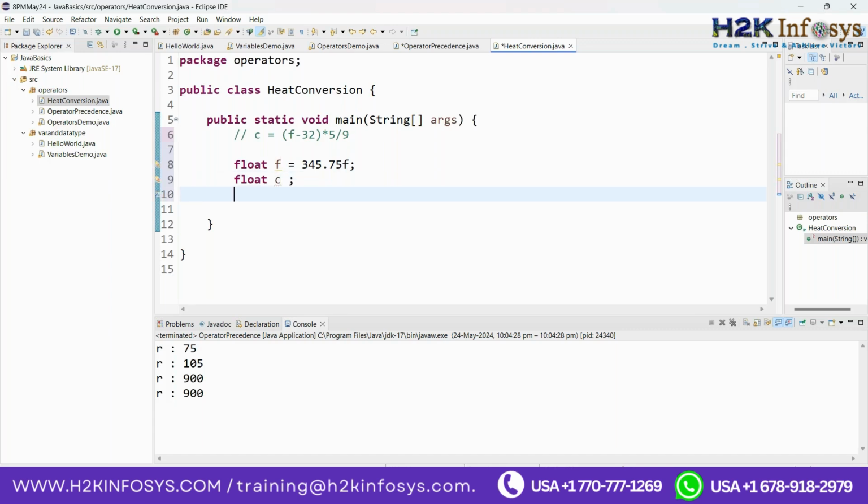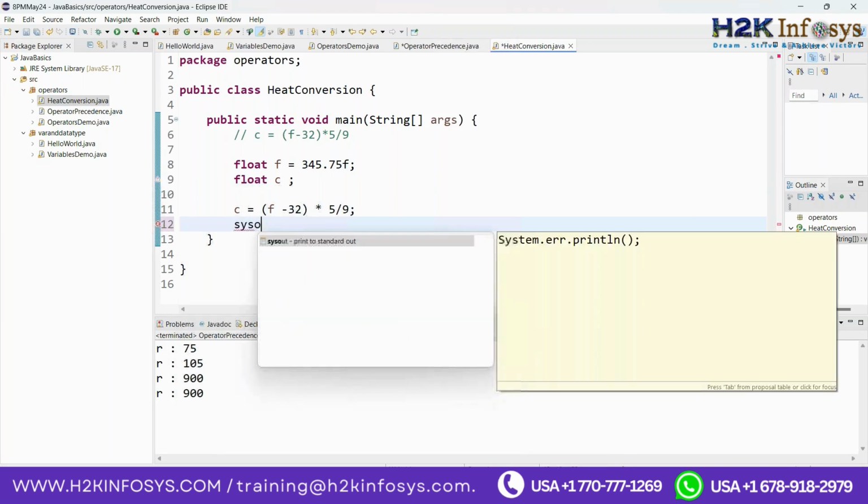Now just apply the formula: C equal to F minus 32, and the whole should be multiplied by 5/9. If you feel that is confusing, you can write it this way. Now let us see what the value is. We already assigned some value, 345.